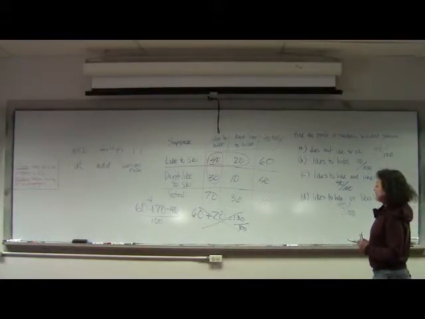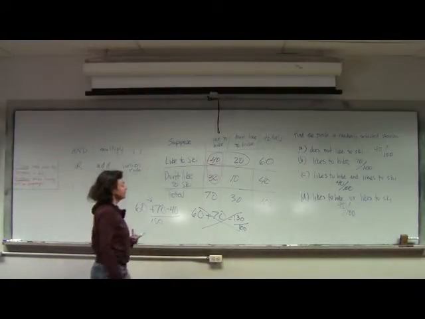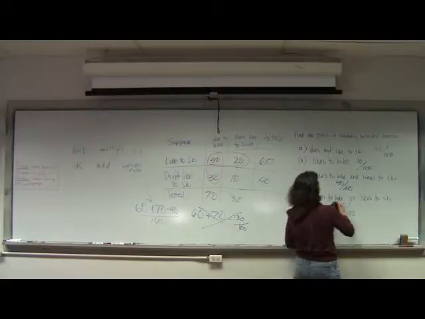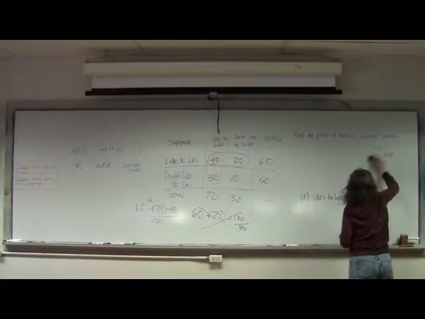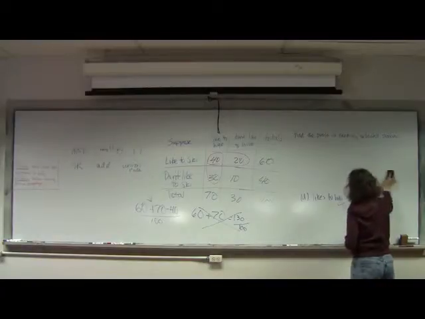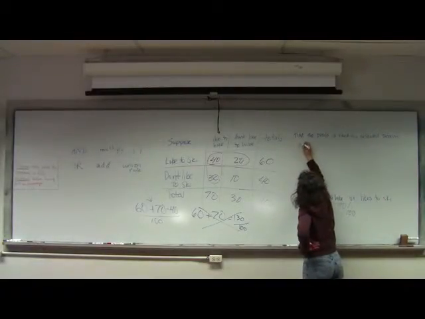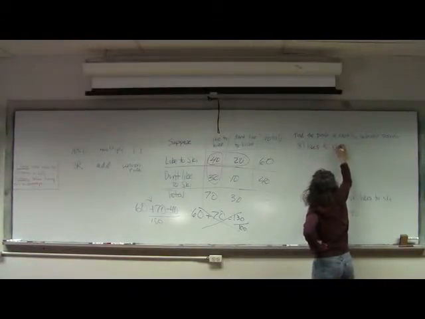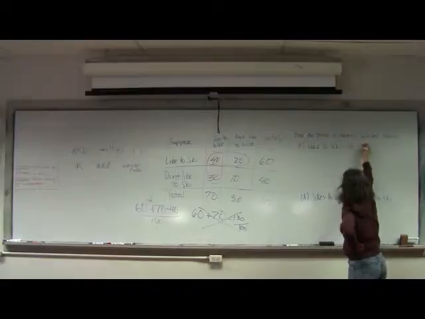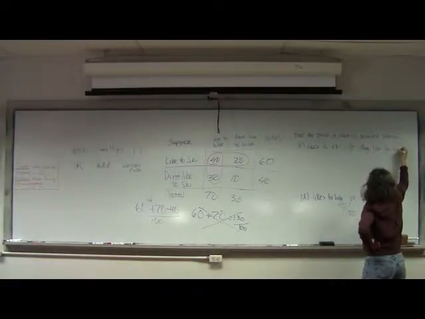All right. Now, let's do this probability. Boy, it's a bummer I write so big. Let's do this. We're still finding the probability that a randomly selected person, but now I'm going to say likes to ski if they like to hike.